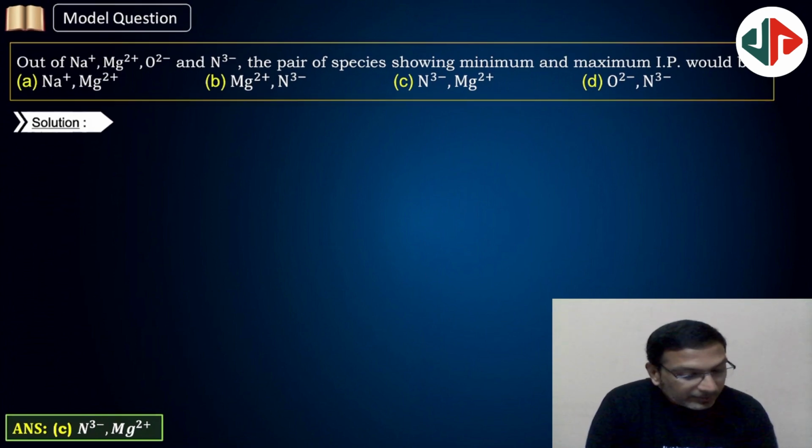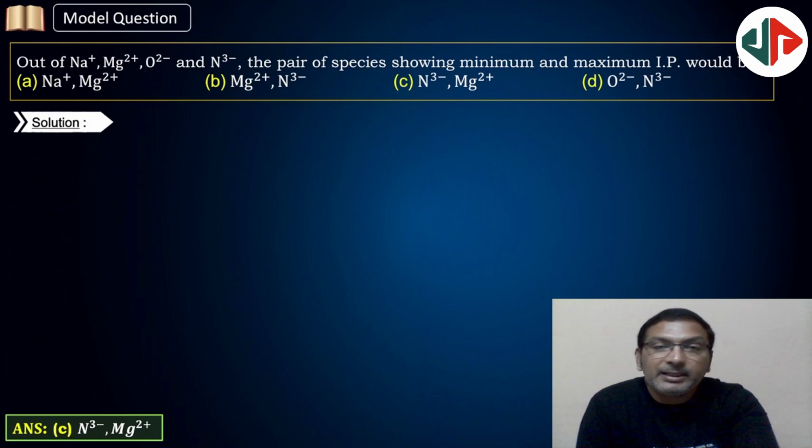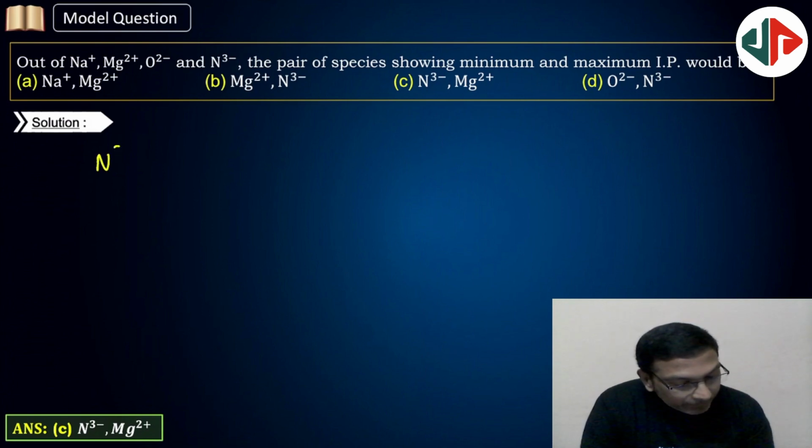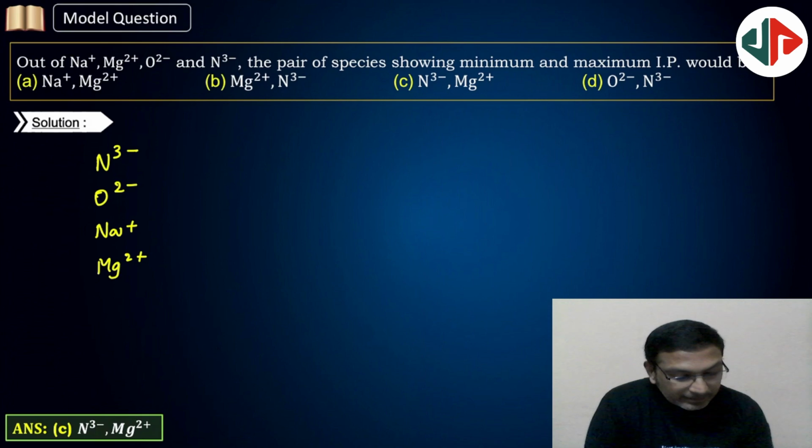Out of Na plus, Mg2 plus, O2 minus and N3 minus, the pair of species showing minimum and maximum IP, ionization potential, would be? Here N3 minus is given, next O2 minus, Na plus, Mg2 plus. So all these are isoelectronic species.